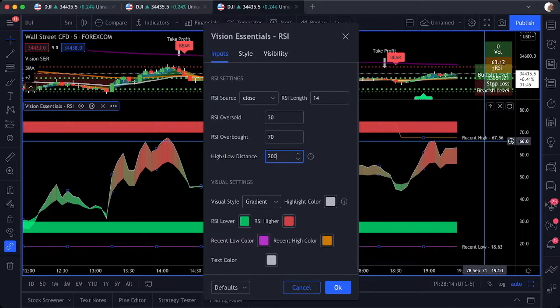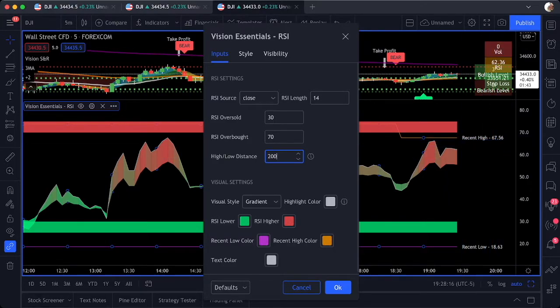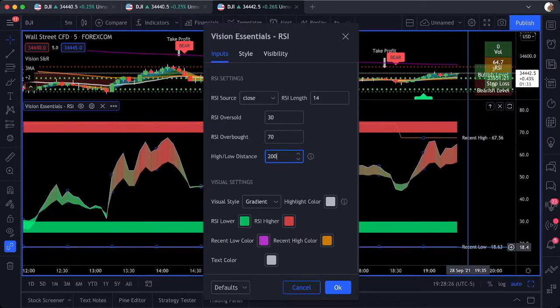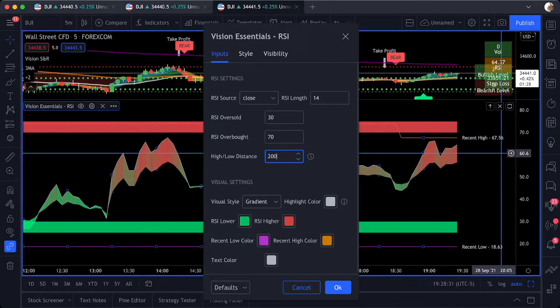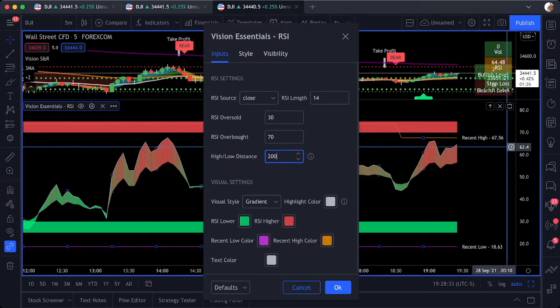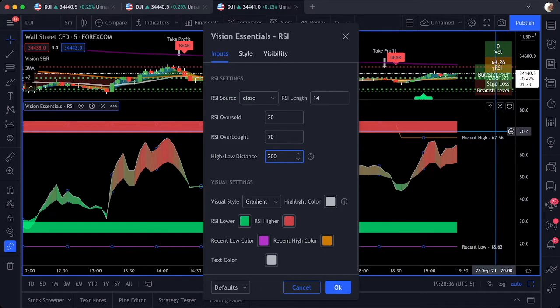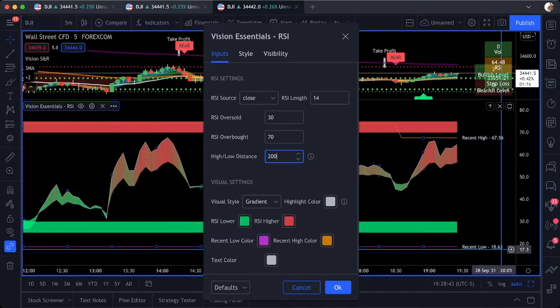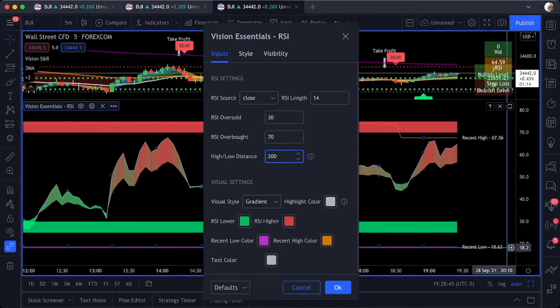So if I have it set at 200 on the 5-minute chart, it's going to go back 200 candles and tell me the recent high and the recent low RSI for those 200 candles. So for US 30 on the 5-minute, the recent high was 67.56. The recent low was really low at a lovely 18.63. So it dropped way down earlier.